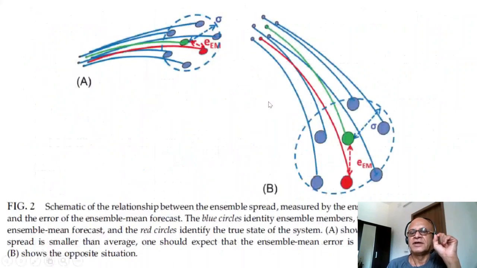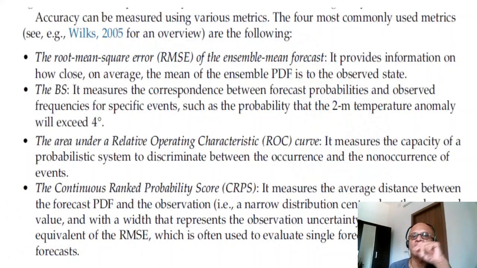This is the forecasted probability distribution function, which has to be as close as possible to the estimated observed PDF. Right, that's the goal. And the measure RMSE is basically looking at the mean ensemble PDF distance from the observed state. Okay, it's the simplest one to do always, and RMSE is a very common acronym that you hear all the time.